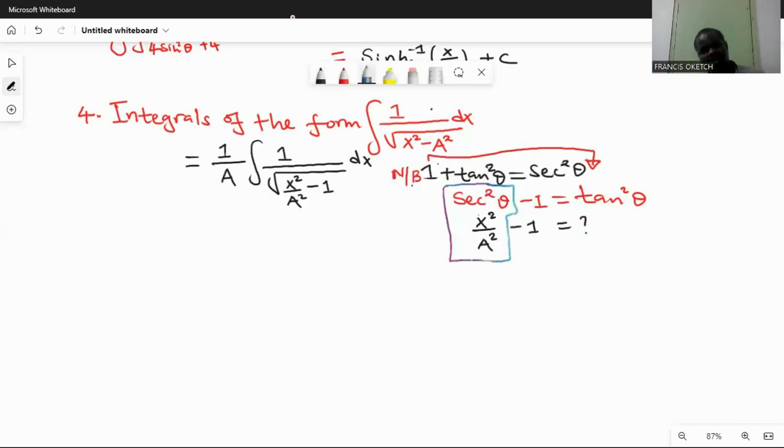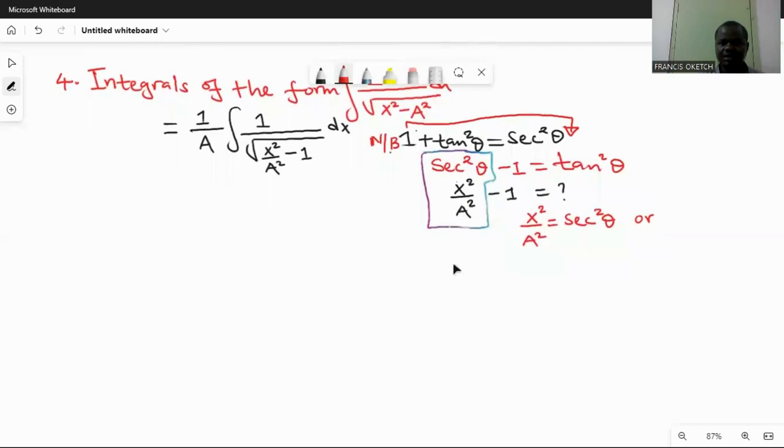So from here, you can say that x squared over a squared should be able to give us sec squared theta. And when you make x the subject, what do we get? That should be very easy.